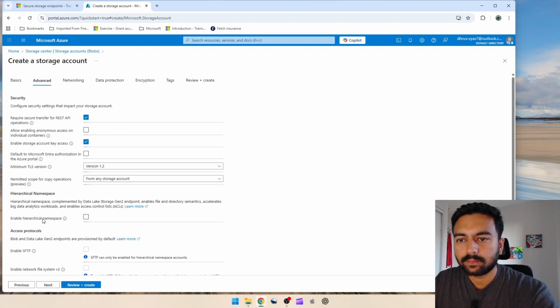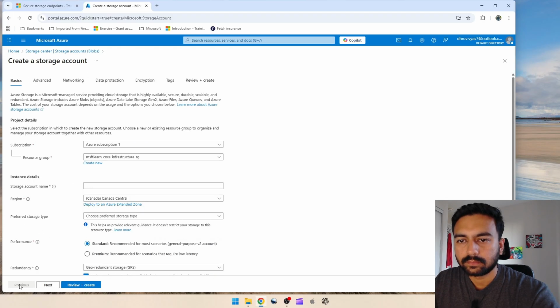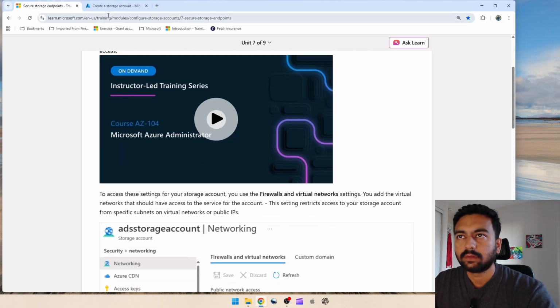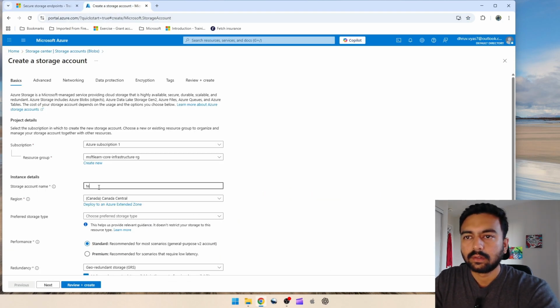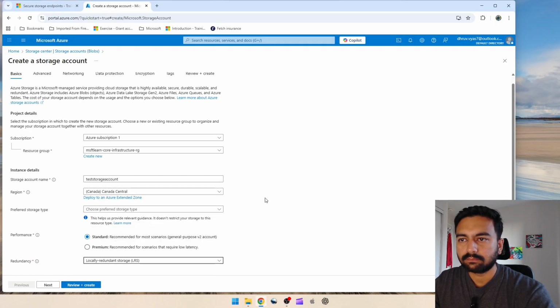So fill all this up. Next. Can I keep everything default? Maybe test storage account. Standard. Keep it LRS.